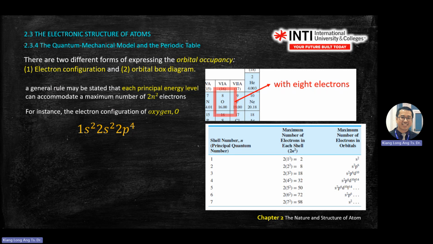After s, go to p. p has 3 lanes. So you have 2s, 2p, with p1, p2, p3. s you can fit 2 only.